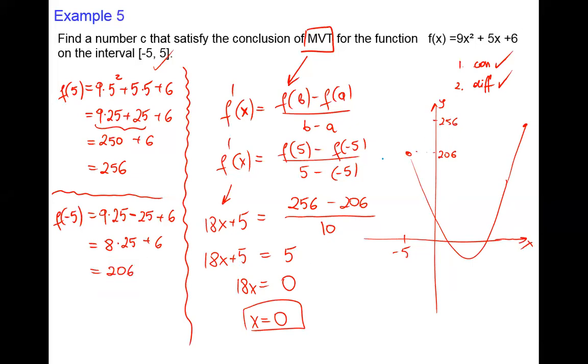And connecting this, right, we're getting the slope 5. We know where it is. And am I wrong? Because at 0, something is wrong, because at 0, when I draw a tangent, it's totally different.